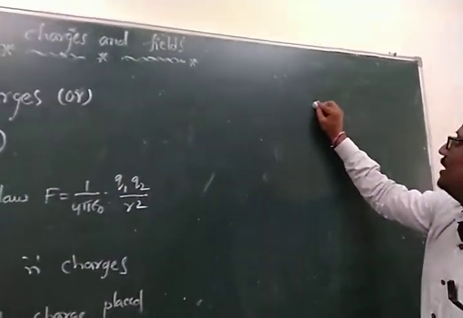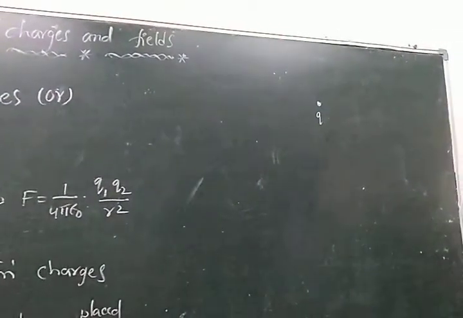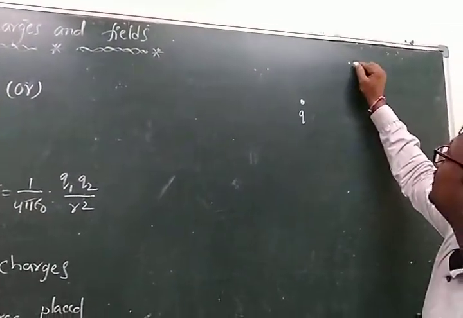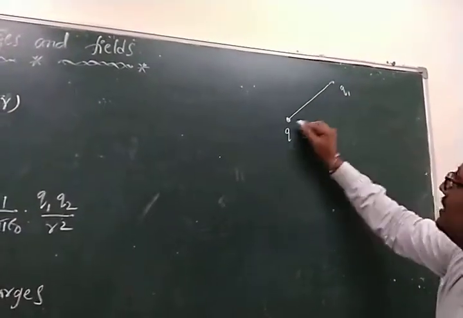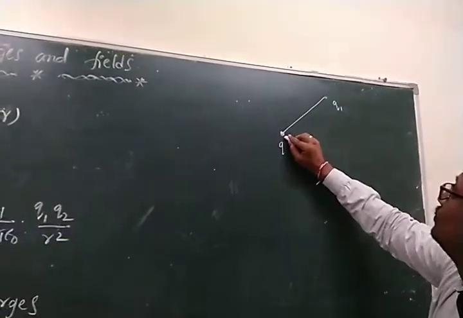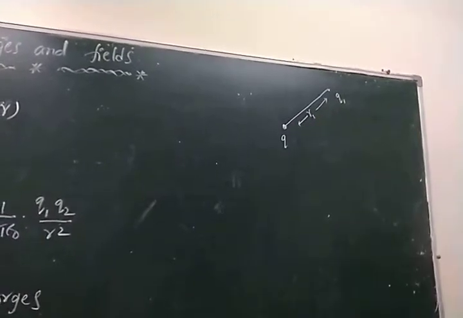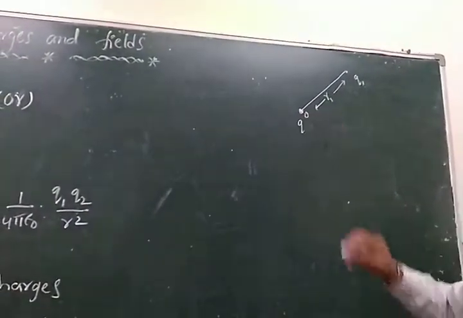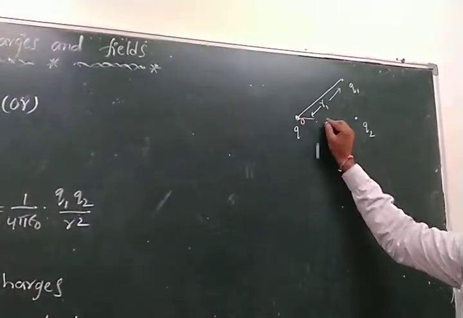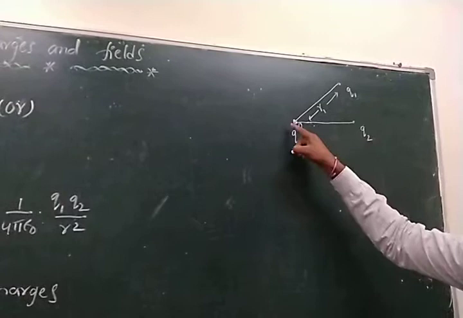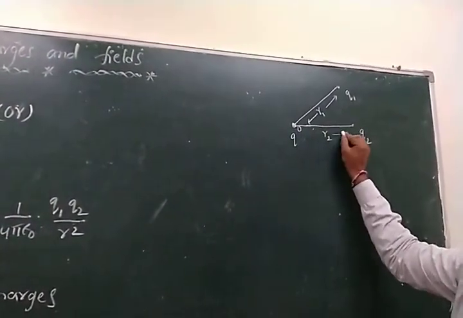The place of the charge is Q. Now we are considering this Q1 charge. The distance from the charge Q to Q1 is R1. Next, here is the Q2 charge, and the distance between Q and Q2 is R2.